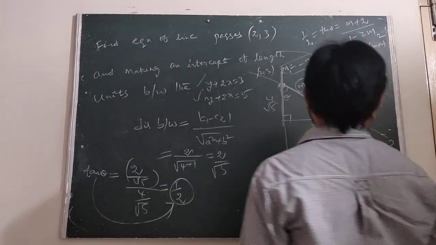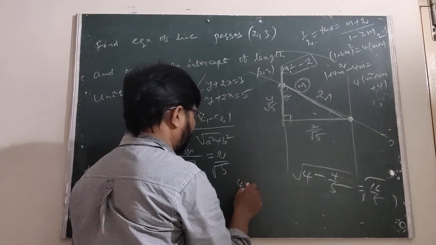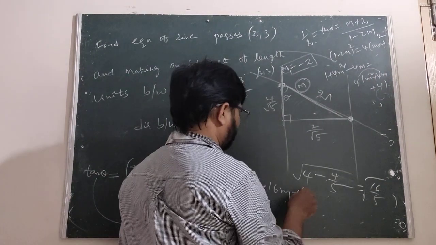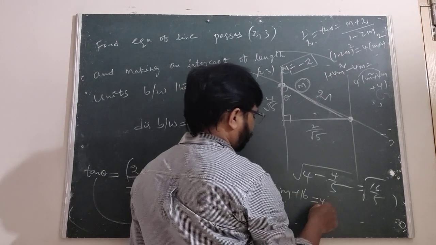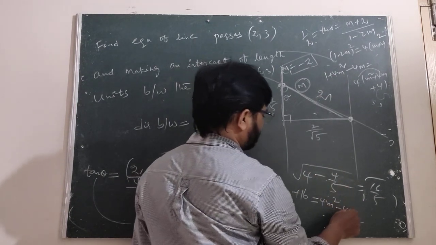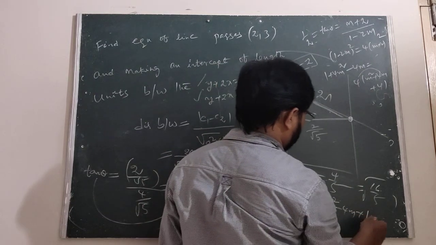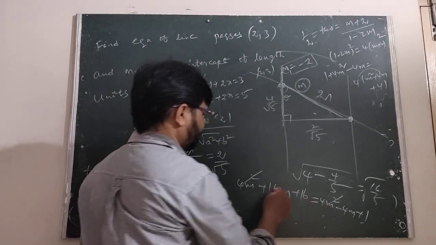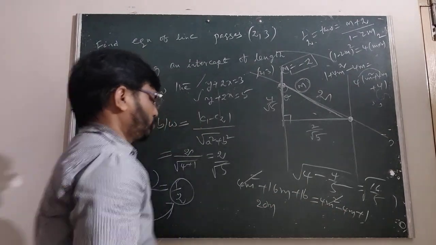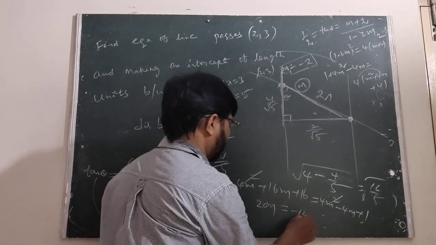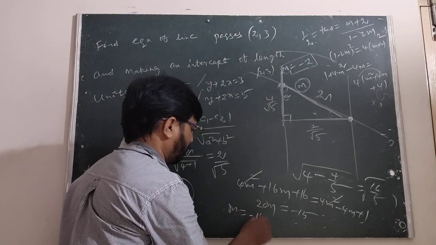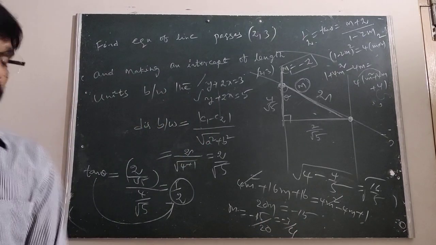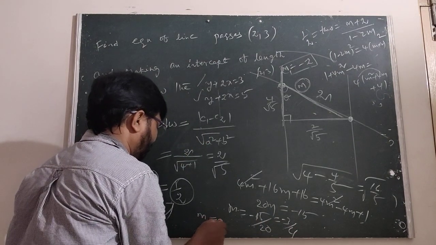Now this is 4m square plus 16m plus 16 equals 4m square minus 4m plus 1. Now these two cancel. Now we are getting 20m equals minus 15, so m equals minus 15 by 20, which is minus 3 by 4. That is one of the values. The other value is undefined.